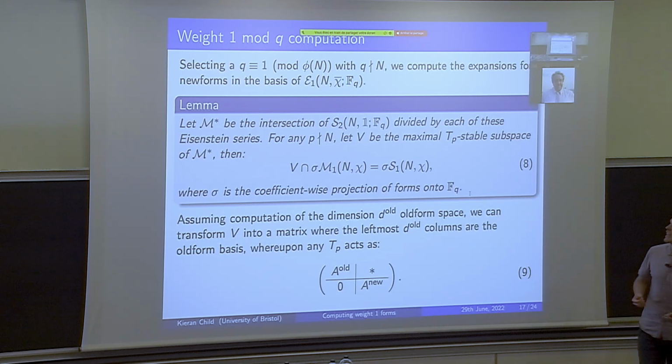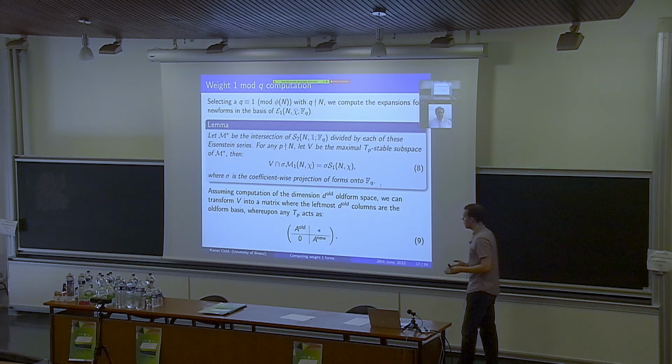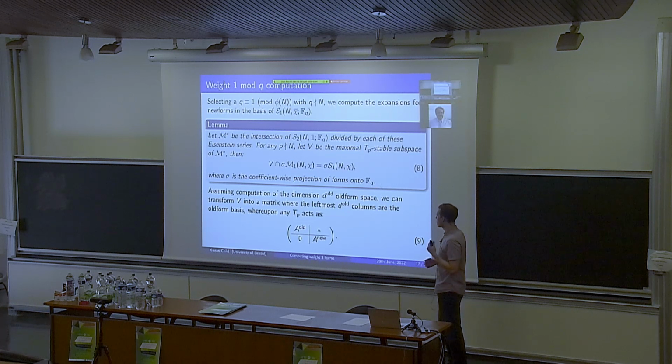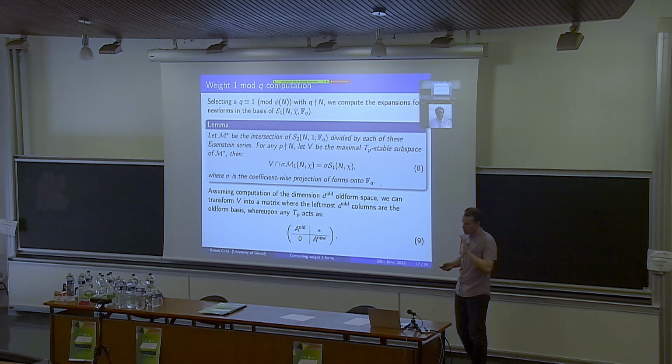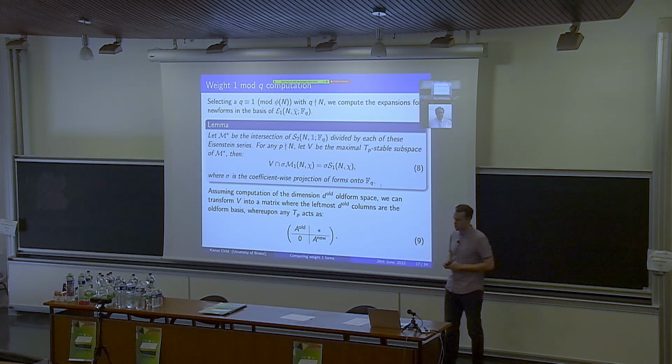But a weight 1 form would have to have all Hecke eigenvalues in our field F_Q. So if we found something which isn't a linear factor of the characteristic polynomial, we can just throw it away. We know that it must be coming from either ethereal forms or modular functions where there isn't this restriction. So we only look at the linear factors, and that allows us to produce sort of purported eigenforms over F_Q.